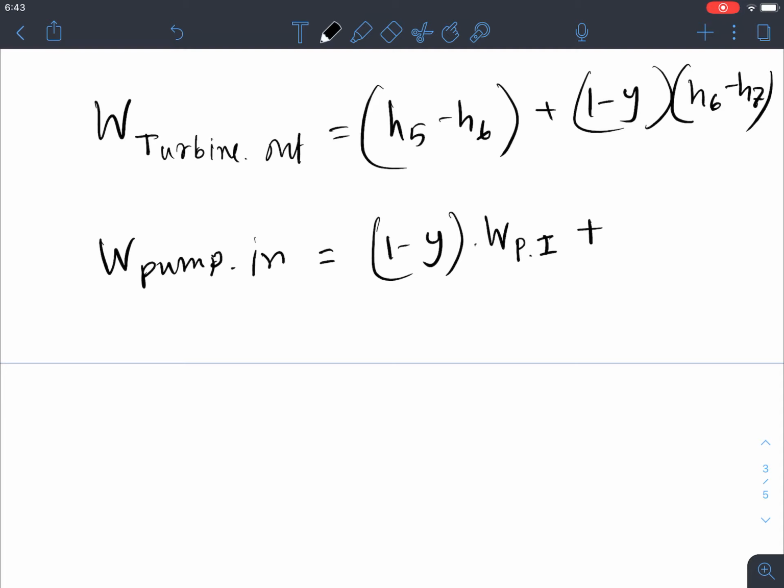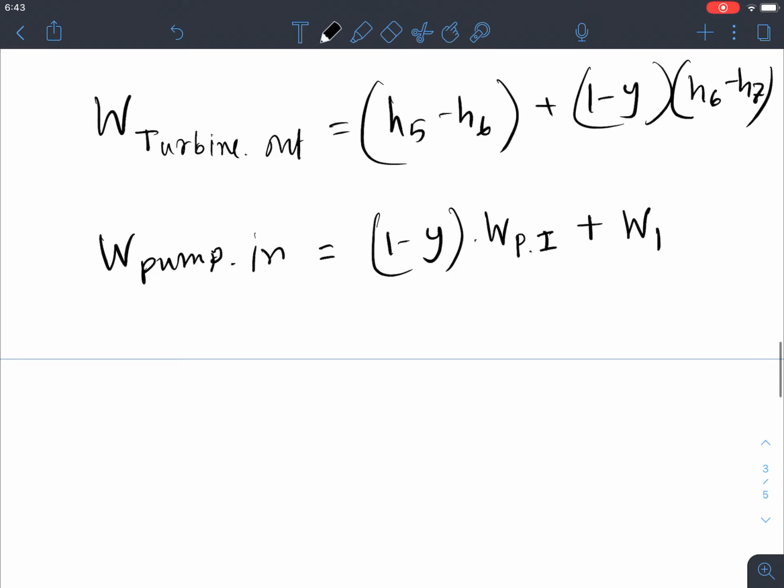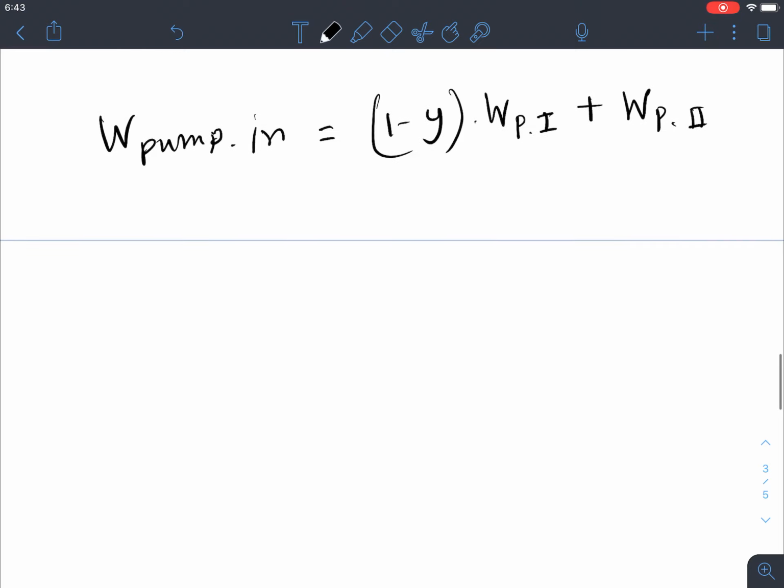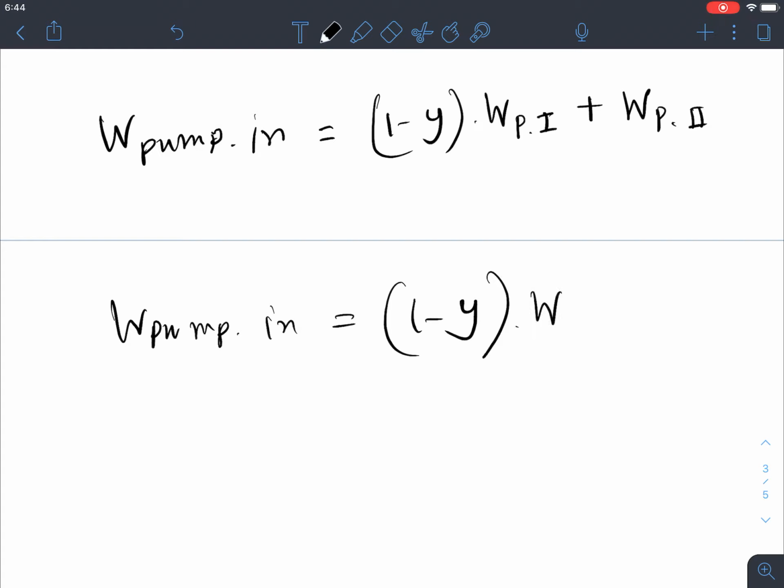So we don't have to write 1, I'm just writing pump 2. So the W pump input equals 1 minus y times W pump 1 plus W pump 2, right?